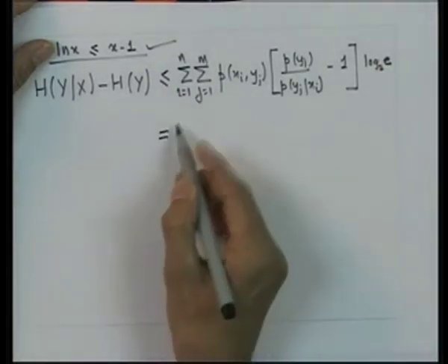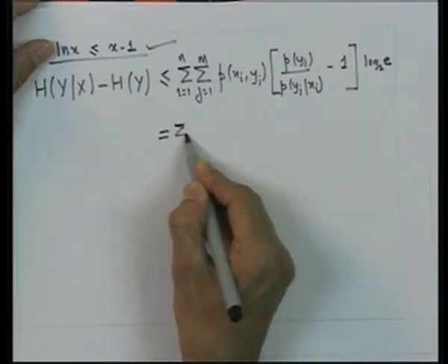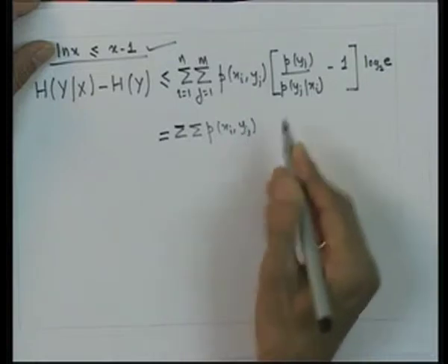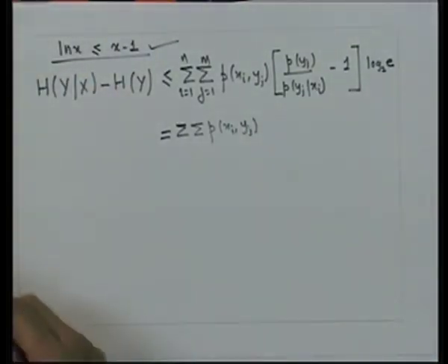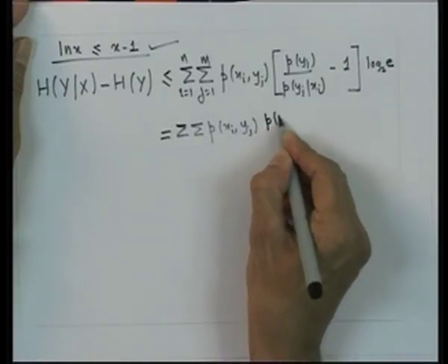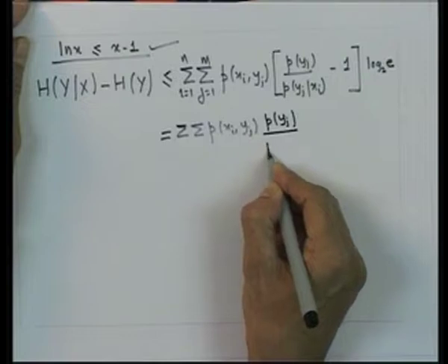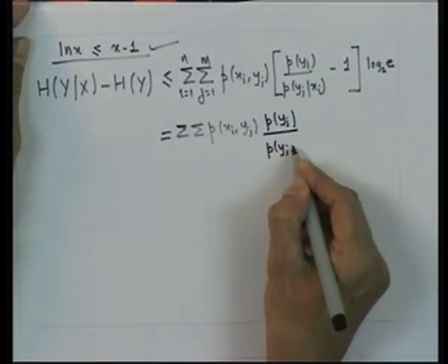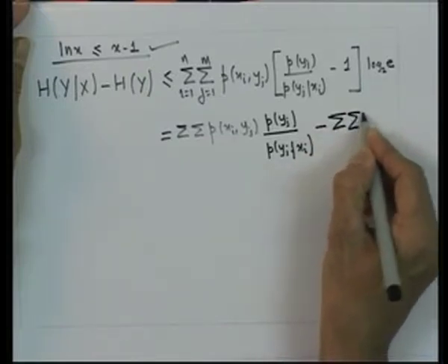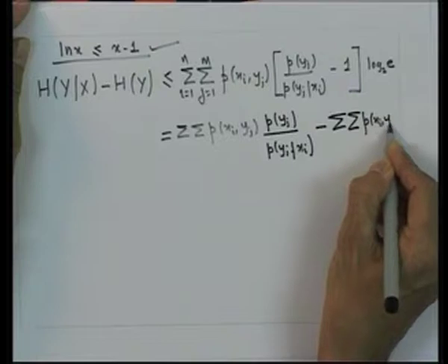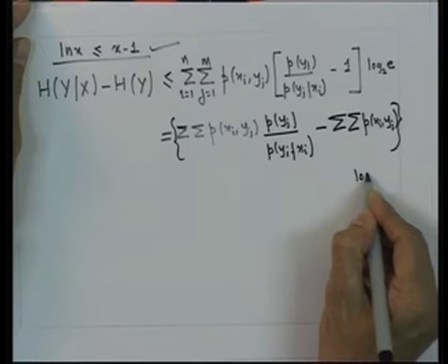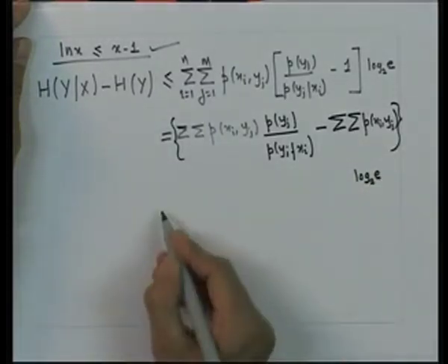Now this can simply be simplified as minus double summation of this whole thing, which gets multiplied by log to the e.